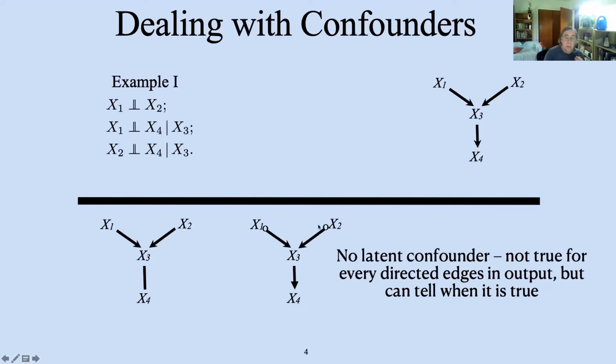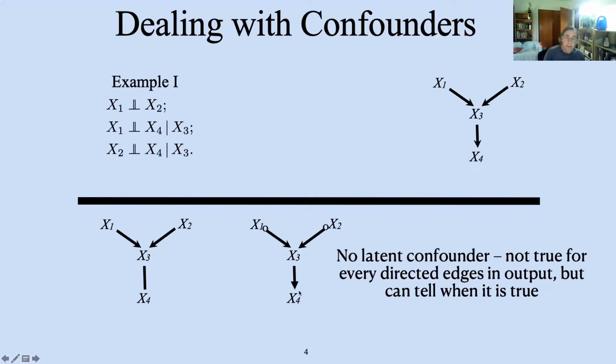And similarly, we have a circle there. So it's possible that x1 is an ancestor of x3, it's possible that there's an unmeasured confounder of x1 and x3, and it's possible that I would have that combination.